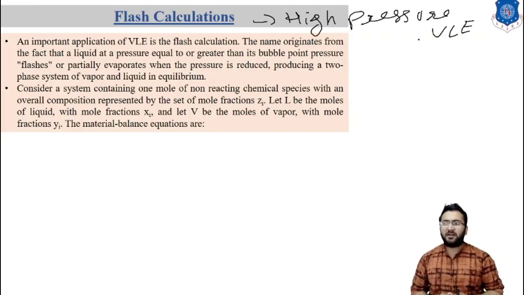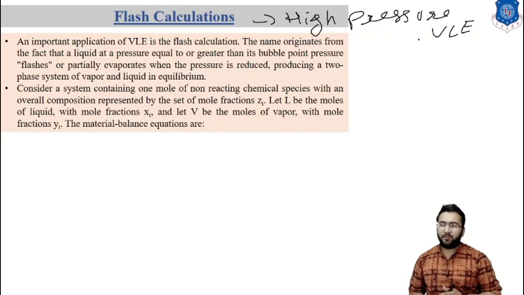Consider a system containing 1 mole of non-reacting chemical species with overall composition represented by the mole fraction Zi. Let L be the moles of liquid with mole fraction Xi and let V be the moles of vapor with mole fraction Yi.